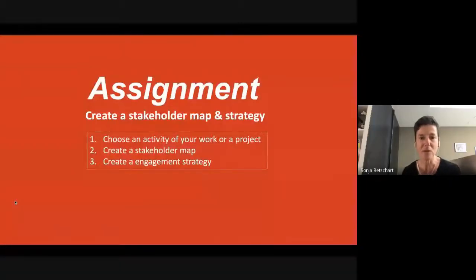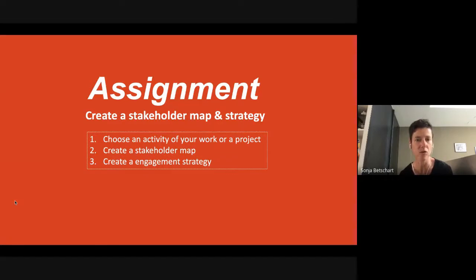So the assignment for you is to think about either possibly you have a project on the way, or you're planning a project, or you dream about the project you want to do, or you work on something right now that might turn into a project. I would like to have you think about creating your stakeholder map and strategy.